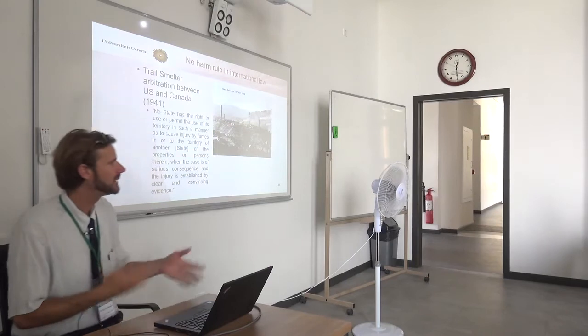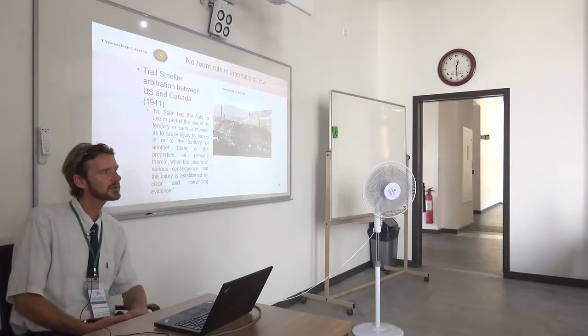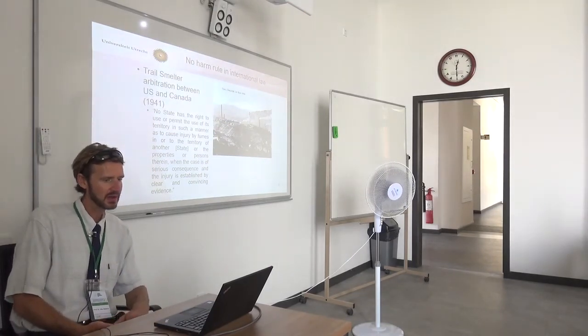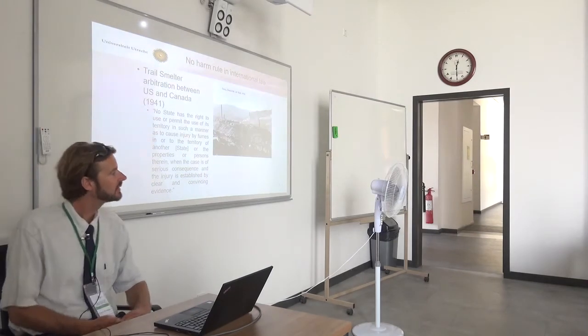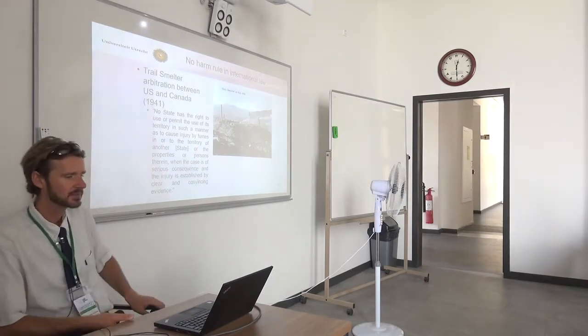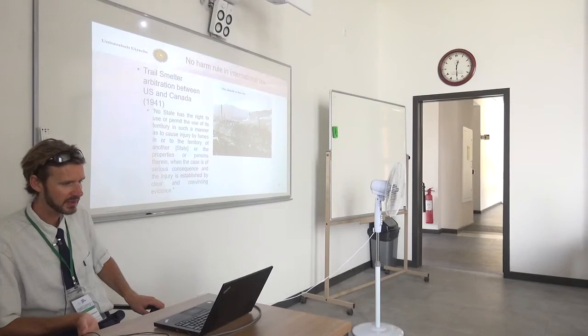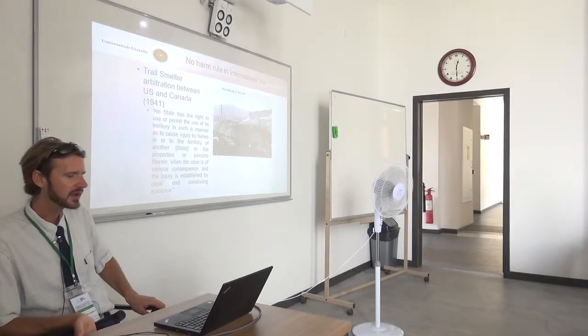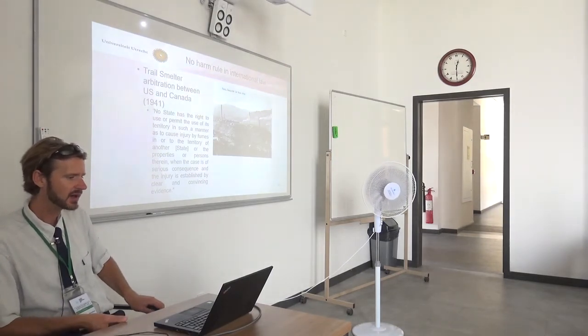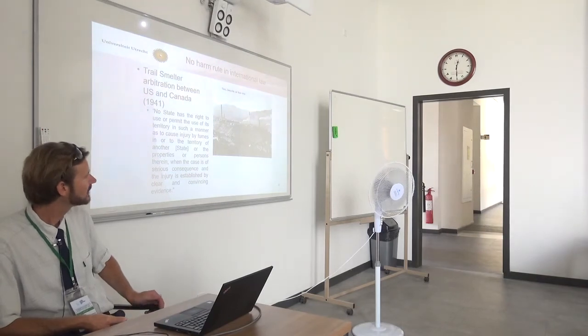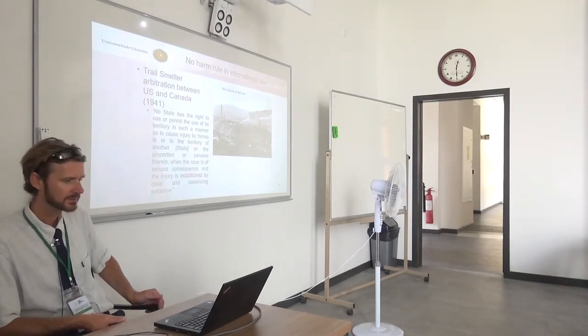It's interesting maybe what the result was of this particular arbitration. The smelter actually could continue its work after the award was produced, but it had to take measures to mitigate the harm caused to the farmers in the US.